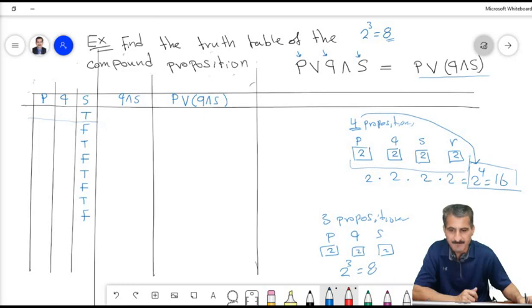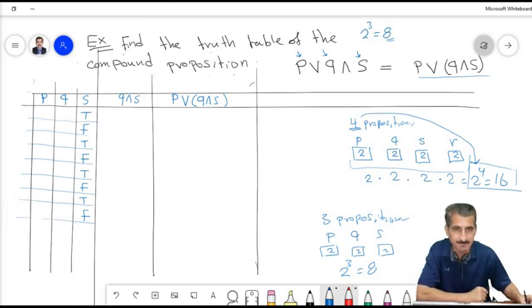Okay, so for the very first variable at the right, we change true and false alternatively, one after another. For the second from the right, we will change but every 2.